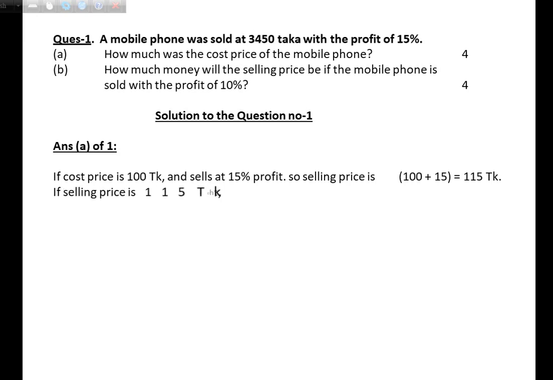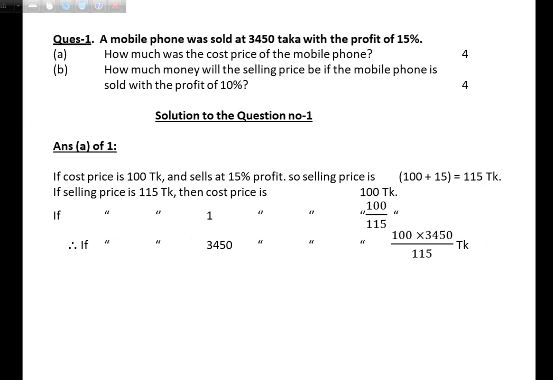So if the selling price is 115 taka, then the cost price is 100 taka. If the selling price is 1 taka, then the cost price is 100 by 115 taka. And the mentioned selling price is 3450 taka, so the cost price is 100 multiplied by 3450 divided by 115.